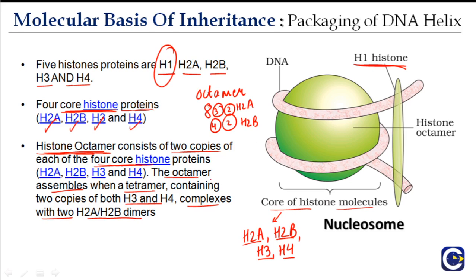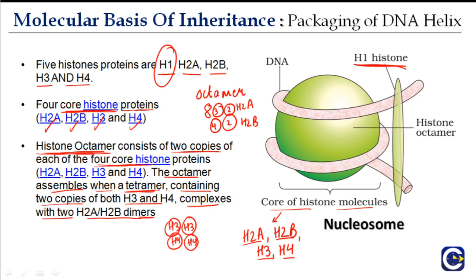The octamer assembles when a tetramer containing 2 copies of both H3 and H4, for example, hypothetically looking like this, with 2 copies of H3 and 2 copies of H4, complexes with 2 H2A and H2B dimers.